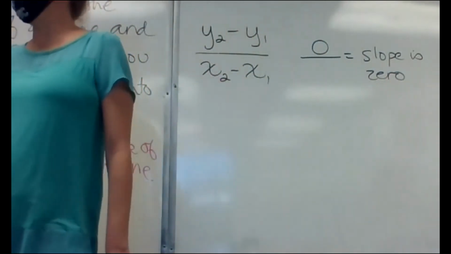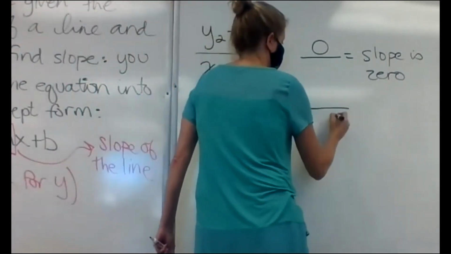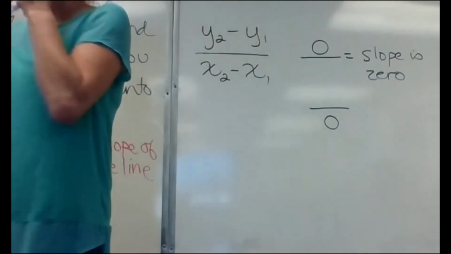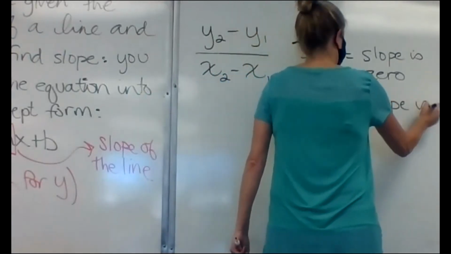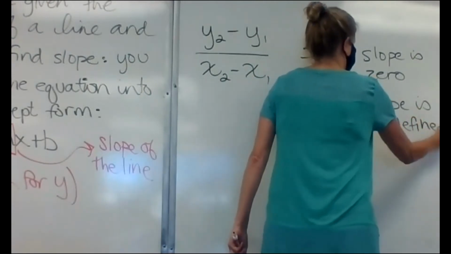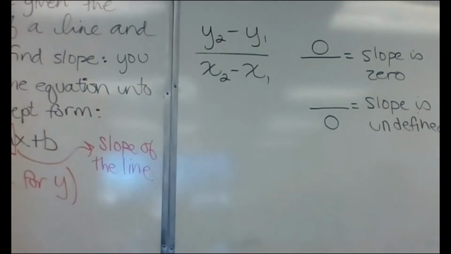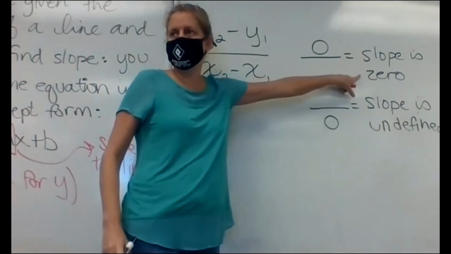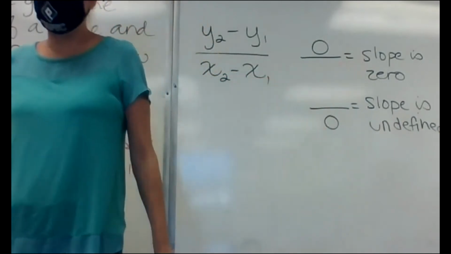If when you are solving them using this method, your 0 comes up in the bottom of your fraction, the slope is undefined. Right, because you can't divide by 0. 0 over anything is 0. But this says you're trying to divide something by 0, and that's undefined.